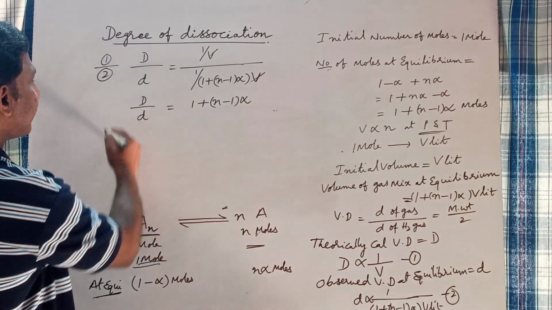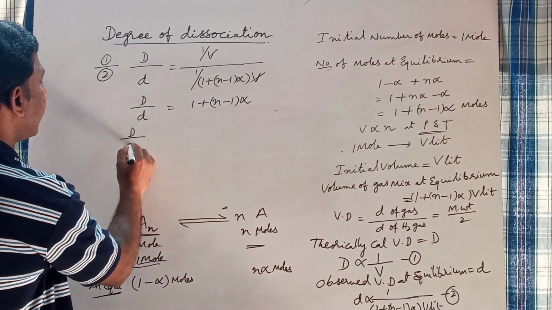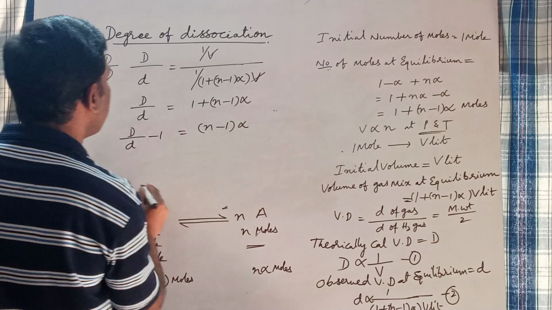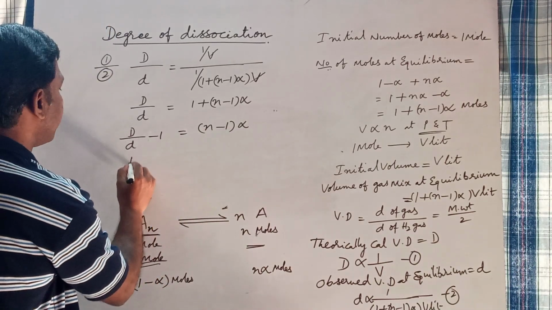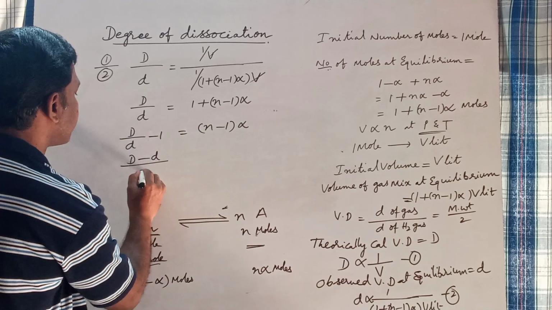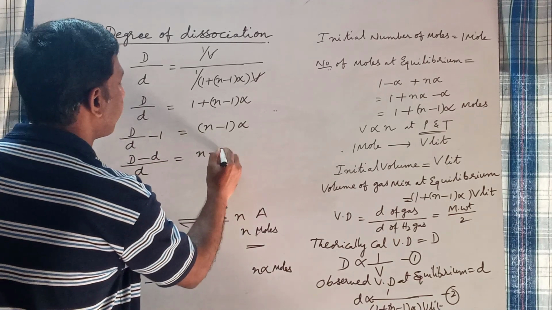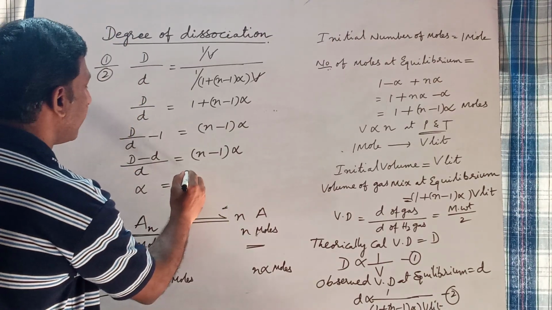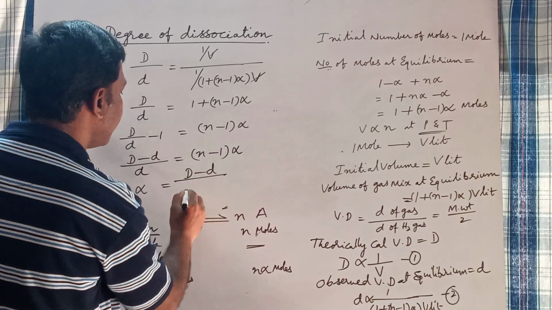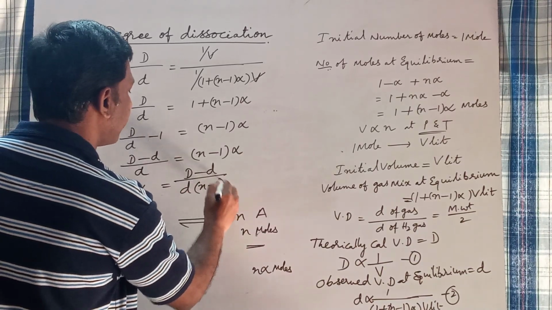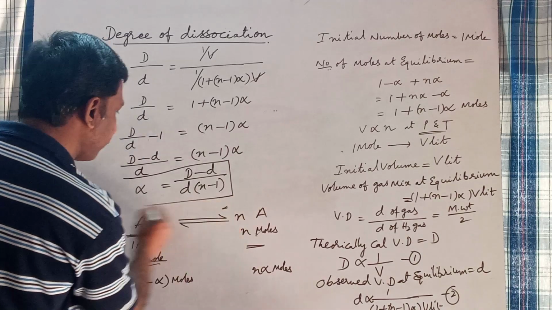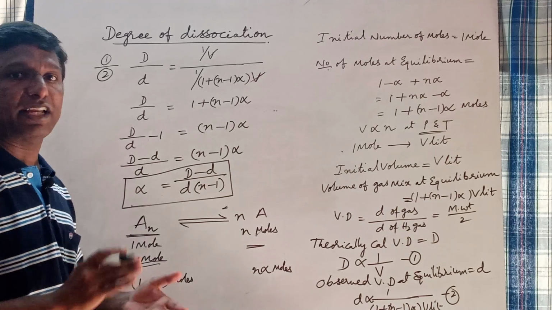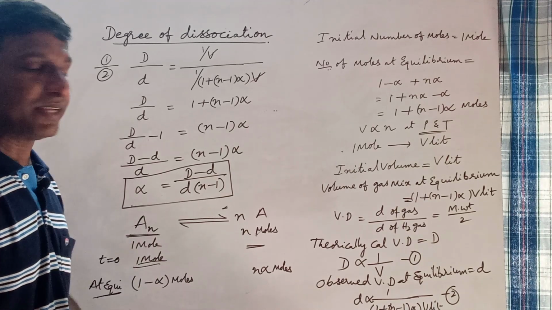You can bring 1 to this side. Therefore, D/d − 1 = (n − 1)α. On taking LCM, (D − d)/d = (n − 1)α. Therefore, α = (D − d)/[d (n − 1)]. This is the formula to find the degree of dissociation at equilibrium state under given conditions of temperature and pressure.